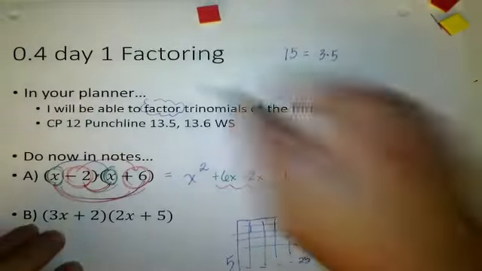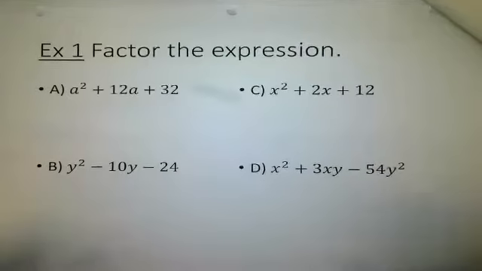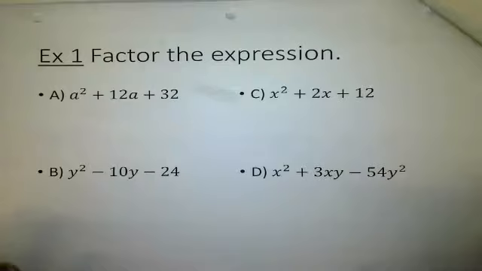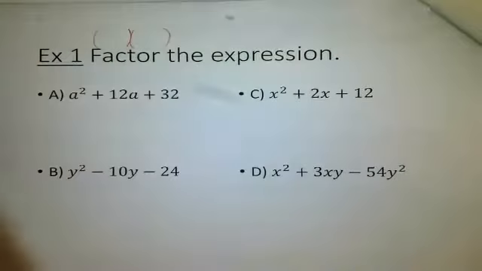So we're going to do some practicing. Because you don't just have the easy ones today. You're going to do the hard ones. Example 1, factor the expression. These are the easy ones. Factor the expression, also known as double bubble.